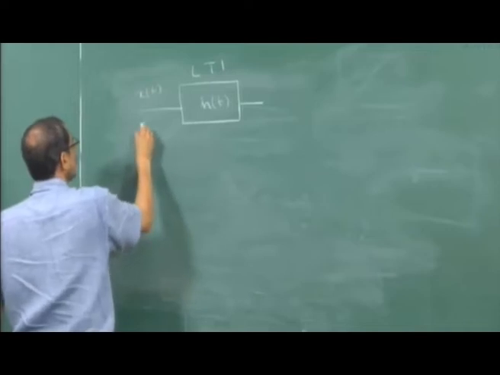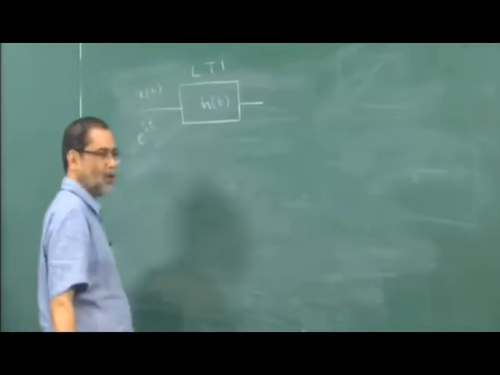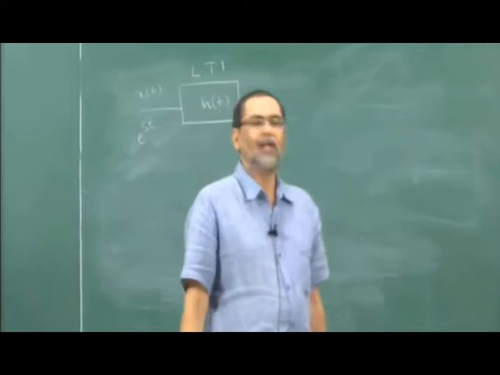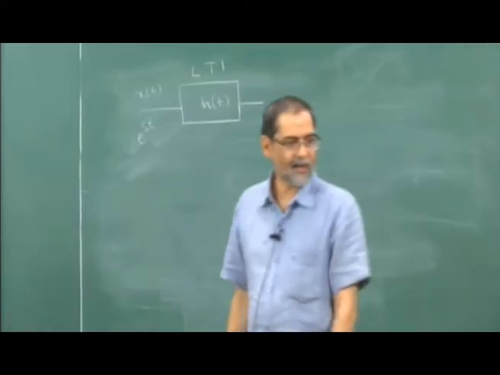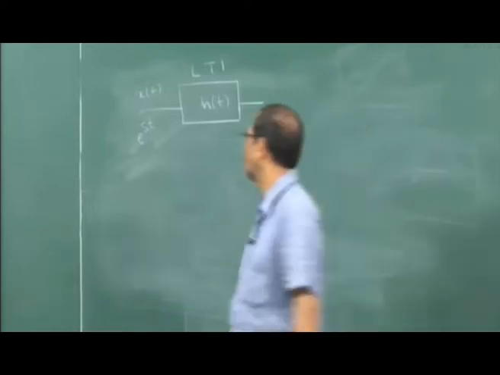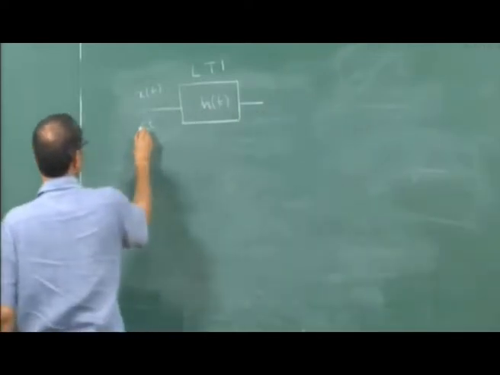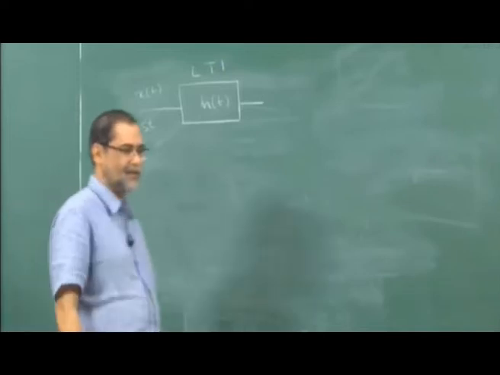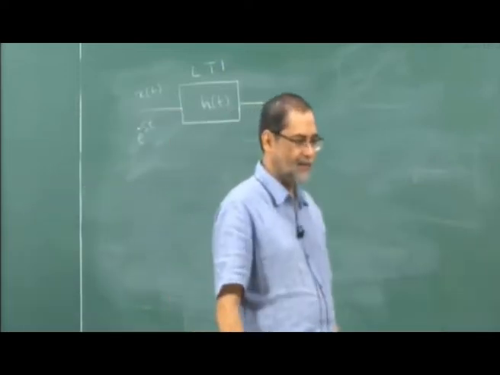If you give a specific input such as e to the power of st, where e to the power of st is an everlasting exponential. I think in the example I have given e to the power of minus st, so it's okay, e to the power of minus st is an everlasting exponential.